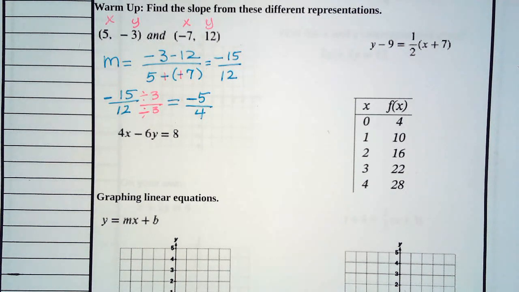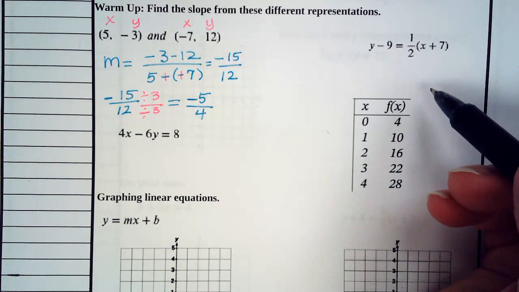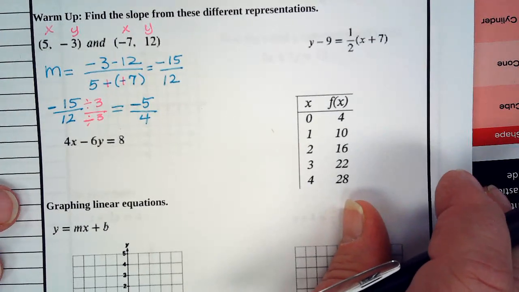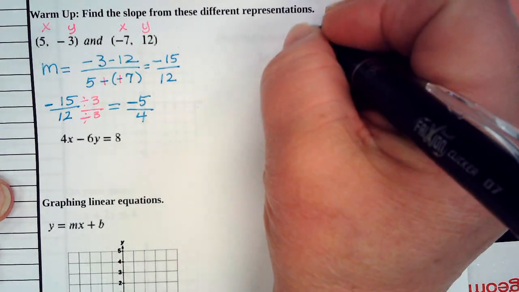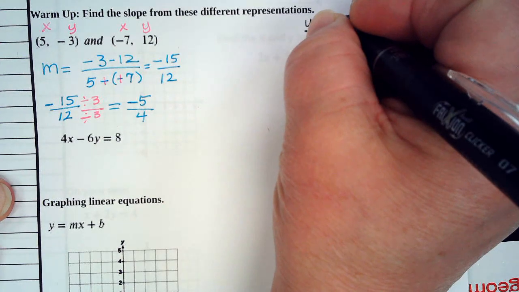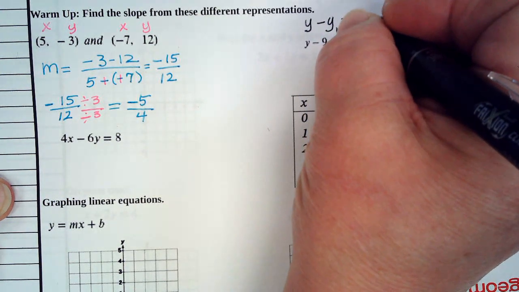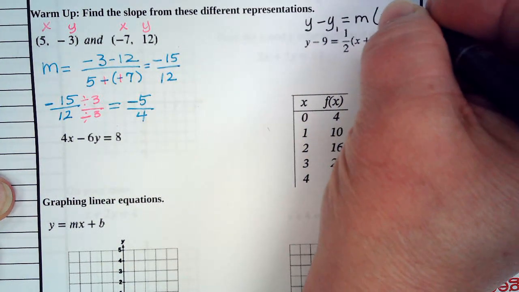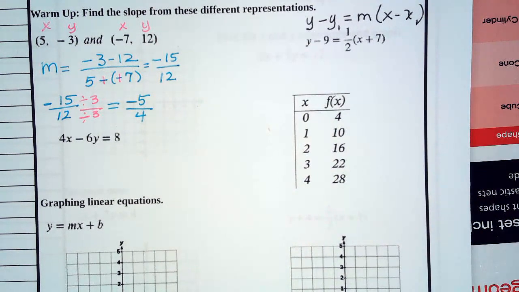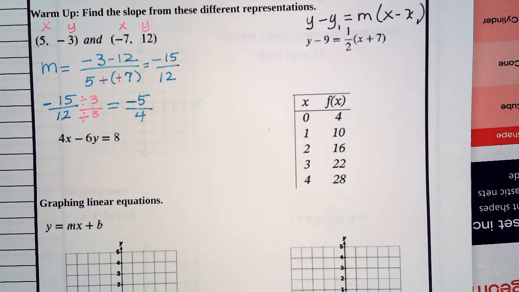Okay, the next one is in a form you might not remember. This is what we call the point slope form. This is y minus y sub 1 is equal to m times x minus x sub 1. So you really don't have to look for anything, you just have to know where it is located.